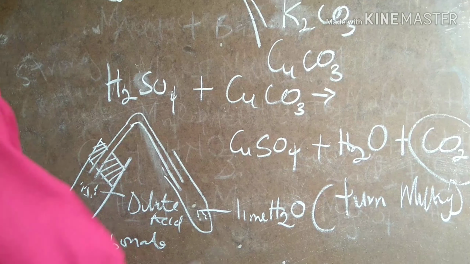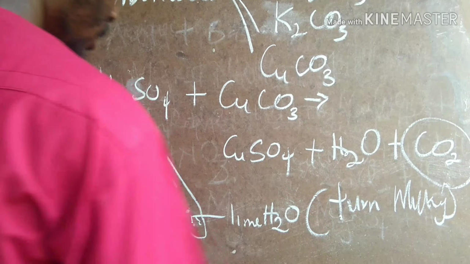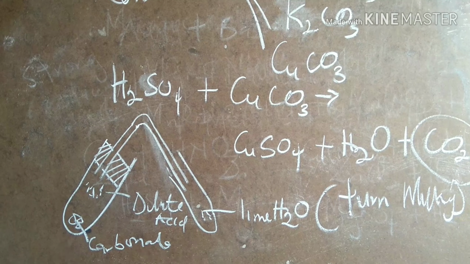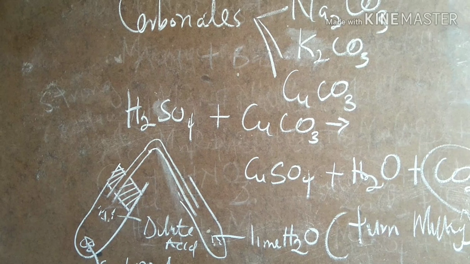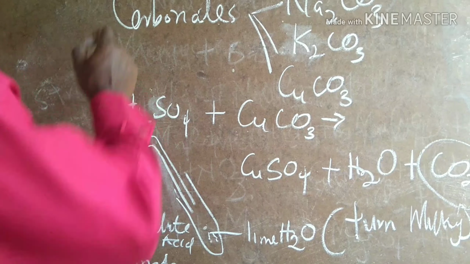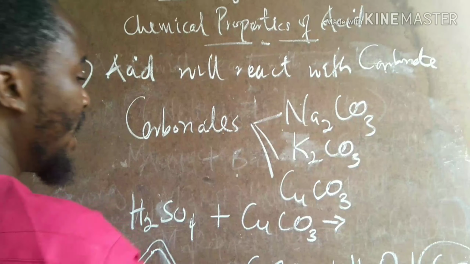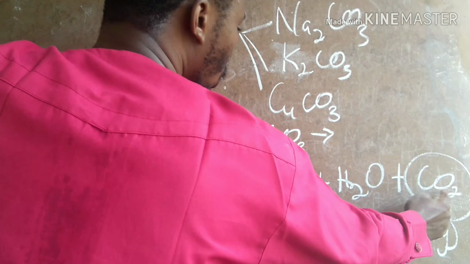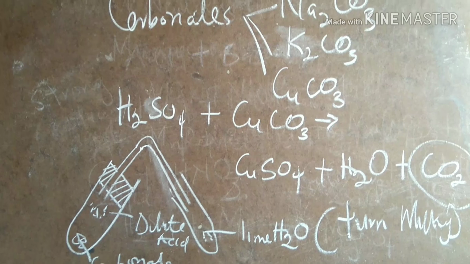Because it is only CO2 that will react with lime water and convert lime water to milky. Are you getting me now? So CO2 will turn lime water milky. Do you get it now? So that is evidence that the gas that is being released when acid reacts with carbonate is CO2. Are we clear now?